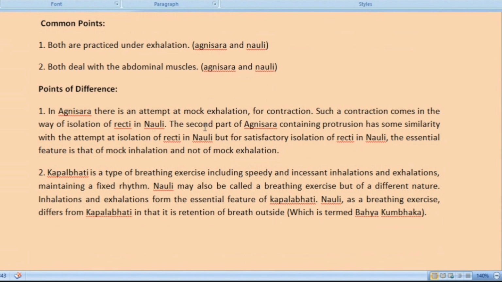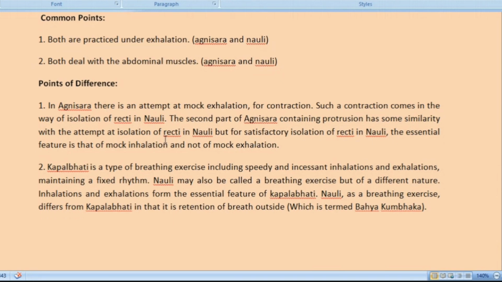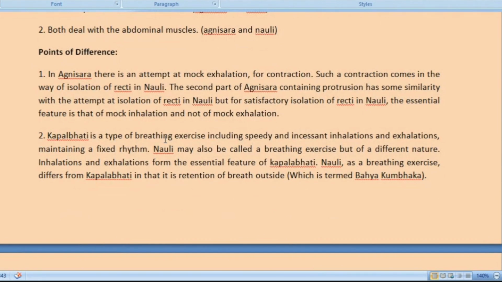The second part of Agnisar containing protrusions has some similarity with the attempt at isolation of recti in Nauli, but for satisfactory isolation of recti in Nauli, the essential feature is that of mock inhalation and not of mock exhalation.